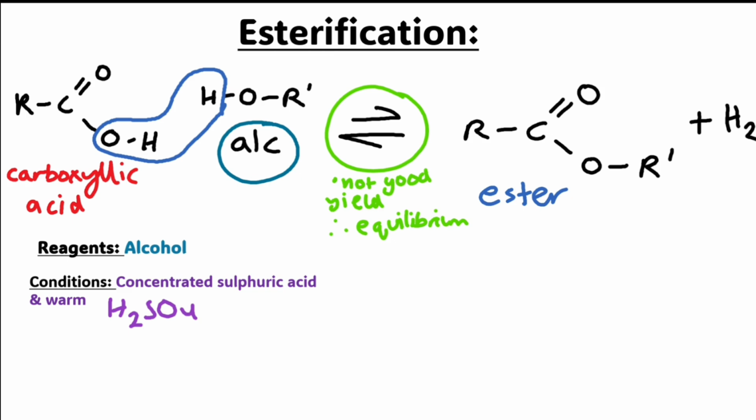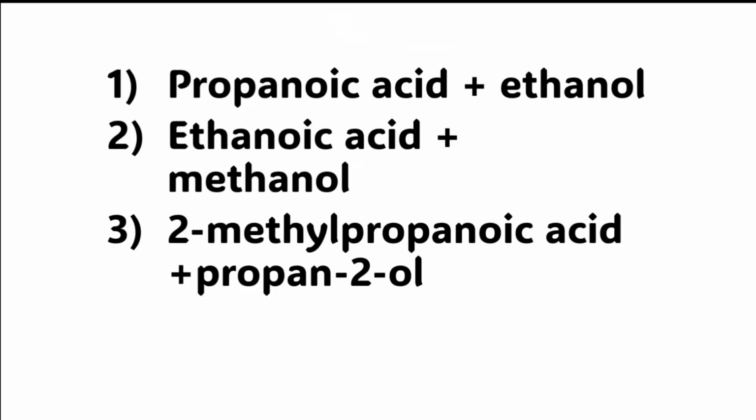And esterification happens because there's an elimination of water. Water gets eliminated. That's why water is produced in the products, okay? Therefore, the group from the alcohol attaches to the carbon there, and produces the water.